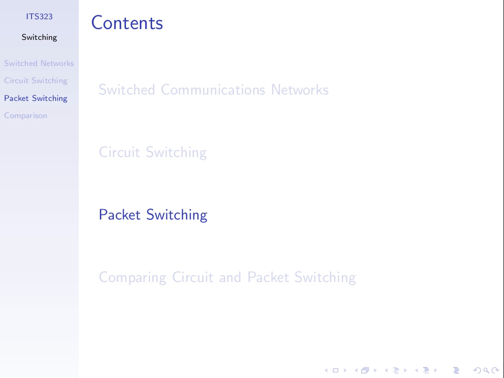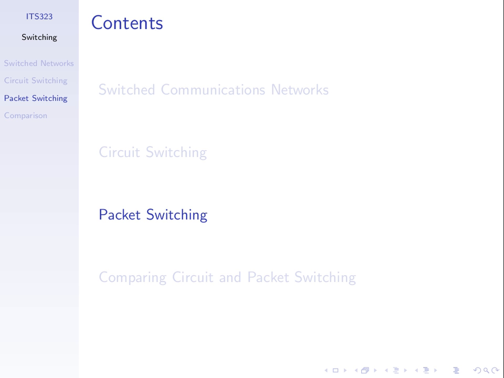We just send a signal representing that data, and it flows all the way through the path to the destination. Very efficient for the data transfer. There's no overhead involved. There's very small delay at the circuit switches. The signal just passes through them almost immediately.